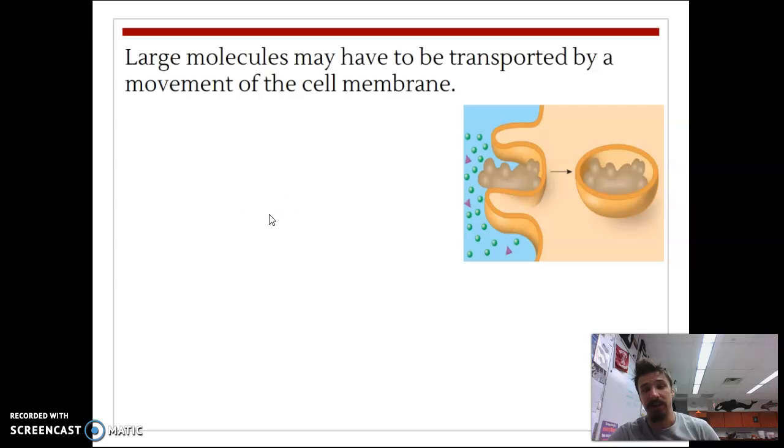Another type of active transport we see right here is endocytosis, which the amoeba sisters talked about. The cell membrane kind of forms these almost like arm-looking structures that we call pseudopods. You don't need to know that term off the top of your head or anything like that, but that is the term for this. They're almost like little arms, and they reach out and they grab molecules, substances, food, if you will, and they take it into the cell.